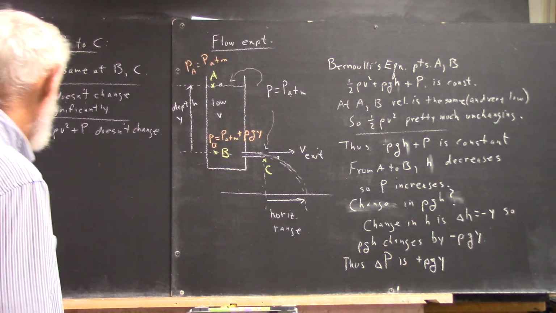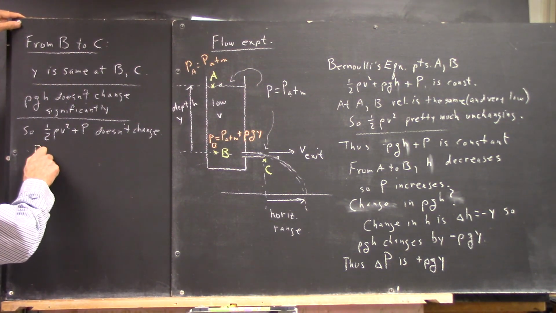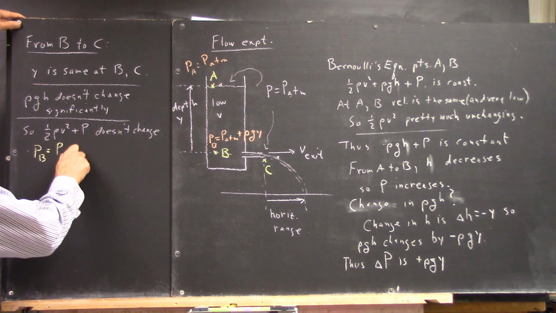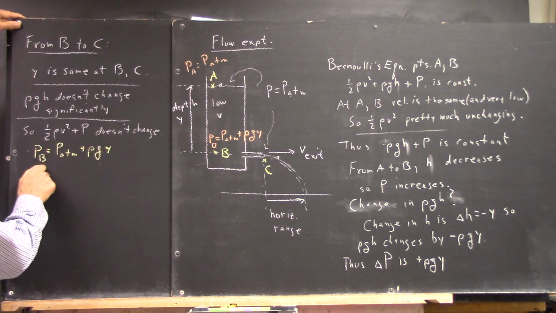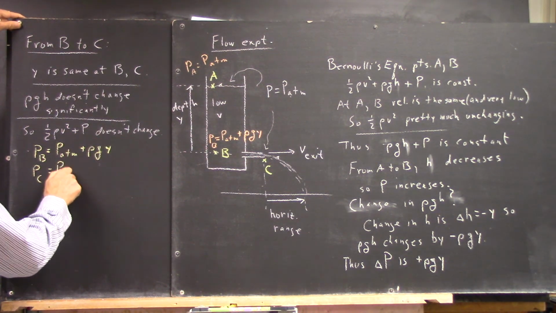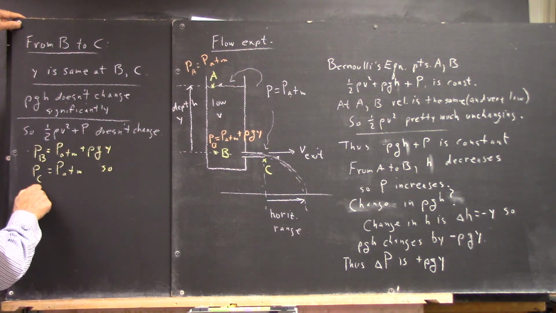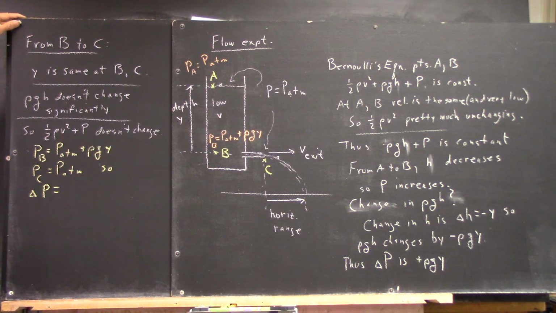So in terms of a little more rigor, we say, well, okay, pressure at B equals this, and pressure at C is just atmospheric. So, change in pressure is what? Rho GY.